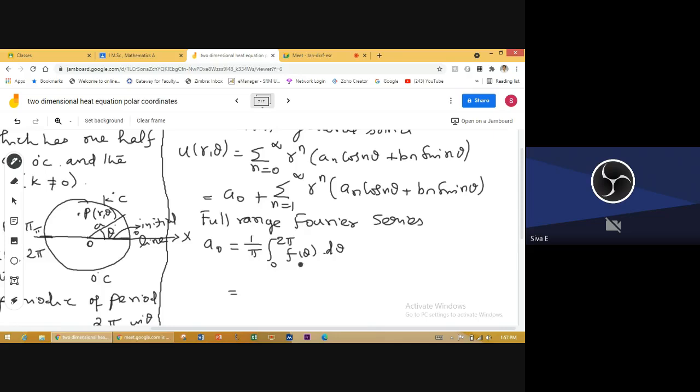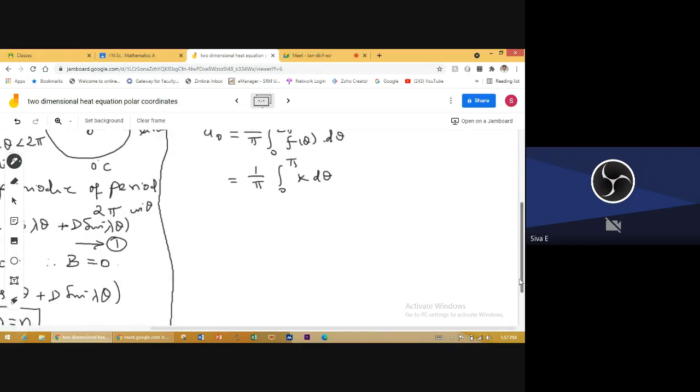Here f of theta is k from 0 to pi and 0 from pi to 2 pi, so you only have to write 1 by pi integral from 0 to pi of k d theta. Is it not? So what is the value of this? Work it out. What is the answer for this?